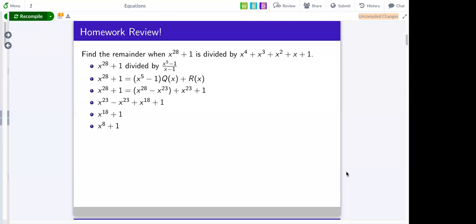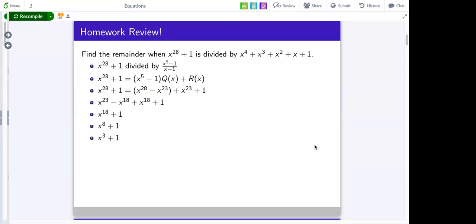Daniel notes that in the third to last line it should be x to the 23rd minus x to the 18th plus x to the 18th plus 1. Yes, that's true, my bad. For the last step, we take x to the 8th plus 1 to x cubed plus 1.